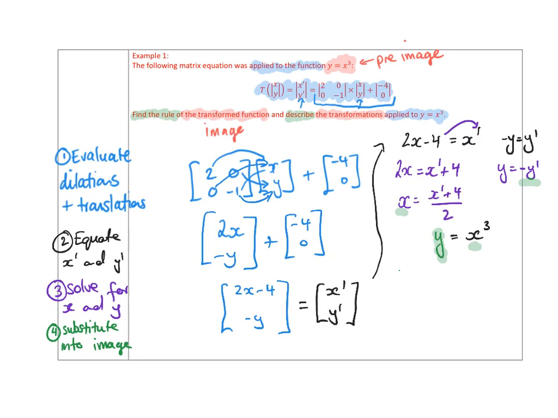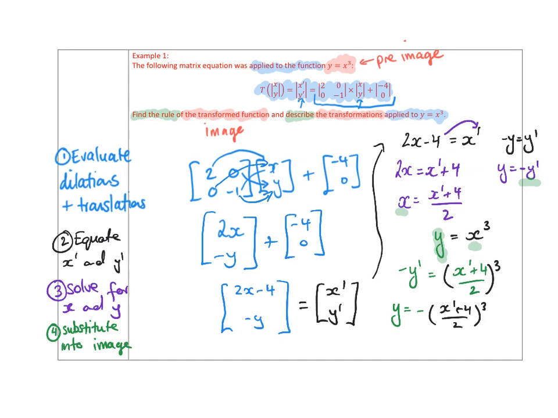And so negative y dash is equal to x dash plus 4 on 2 all cubed. All we need to do now is multiply both sides by negative 1, and we know that our image y is equal to negative x dash plus 4 on 2 cubed. So this is us having found the image.